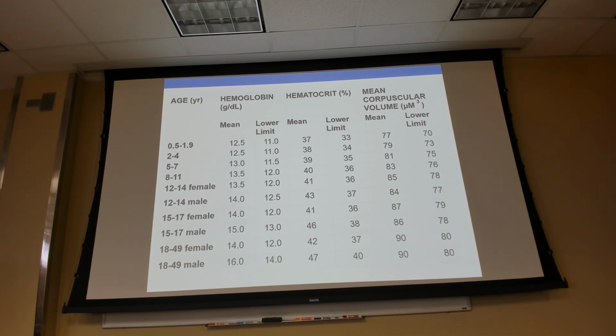One thing that gets asked every semester: we look at MCVs. Yes, those also have these 2 standard deviation lower limits. And so, yes, if you are working in peds and you are getting into the nitty-gritty of this type of chart, they have lower MCVs. For our purposes here, we're going to use that adult standard of less than 80 is microcytic.